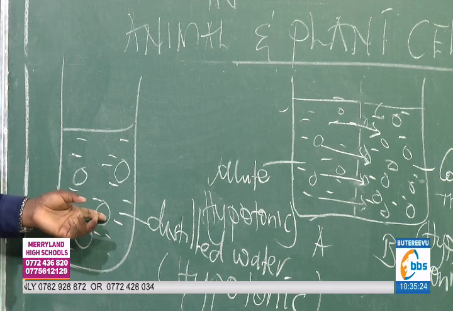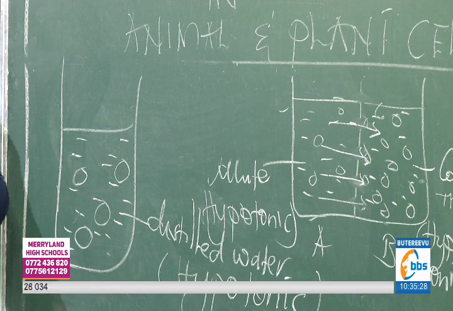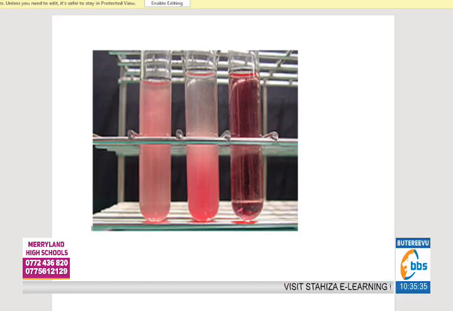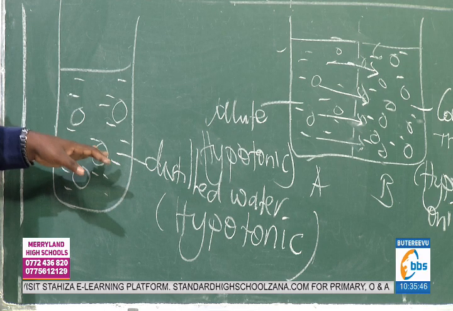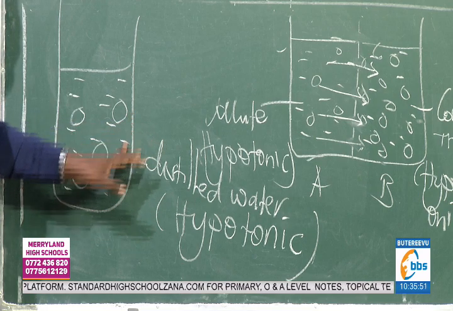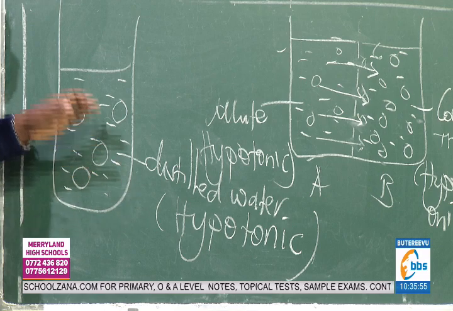What makes the red blood cell have more solutes than the distilled water? Inside the red blood cells, we have the cytoplasm containing different organelles. We have hemoglobin. Remember, mature red blood cells lack a nucleus. So there are components in the cytoplasm that make it more concentrated than distilled water. As such, distilled water is hypotonic, and inside the red blood cell it is hypertonic.